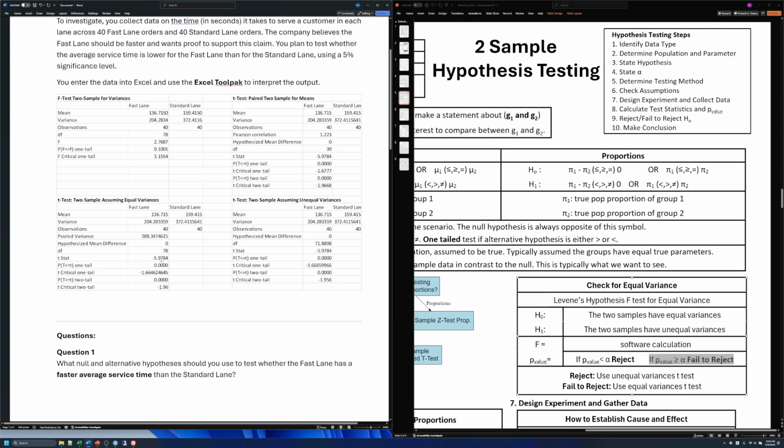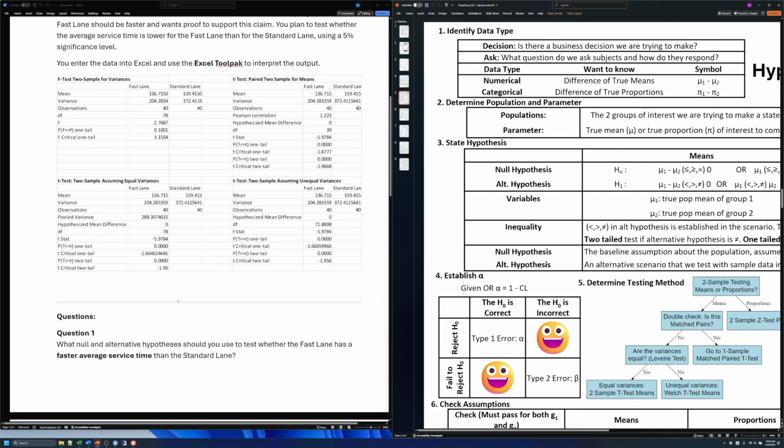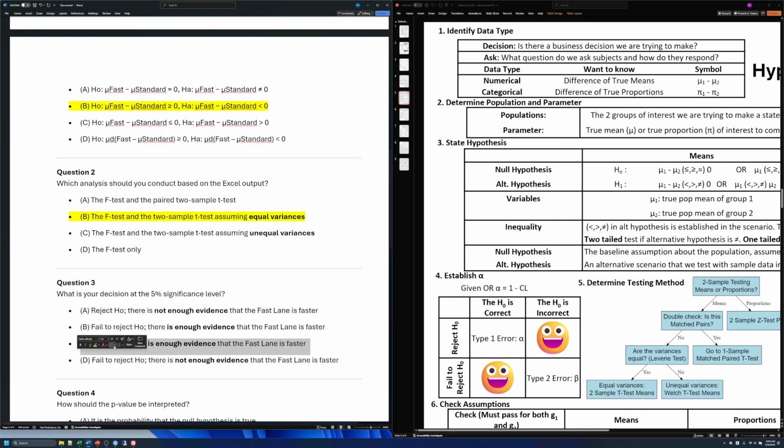And if we look at our p-value for a one-tailed test, because we decided that we were just doing a less than symbol in our alternative hypothesis, we are going to be rejecting the claim that these two could be equal to one another, and we are saying that fast is less than the standard. So we are going to reject the null hypothesis, and there is enough evidence to suggest that the fast lane is in fact faster. Okay, perfect.